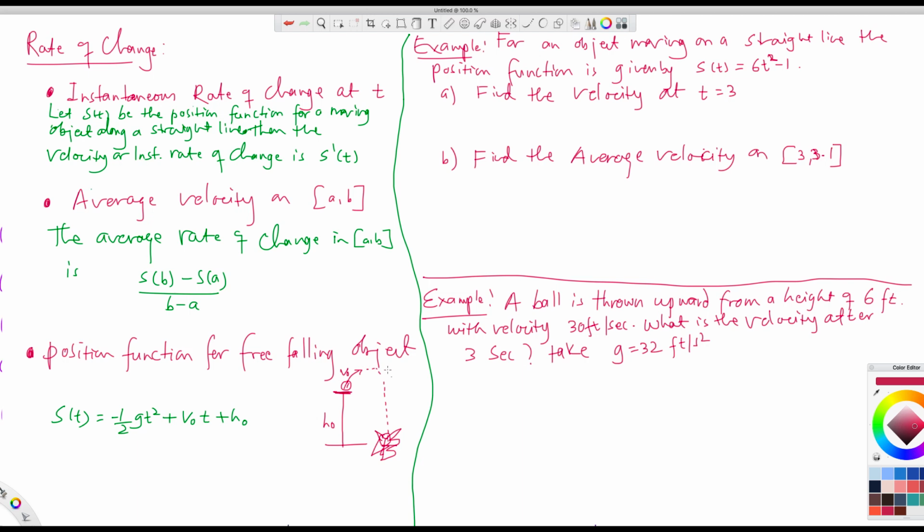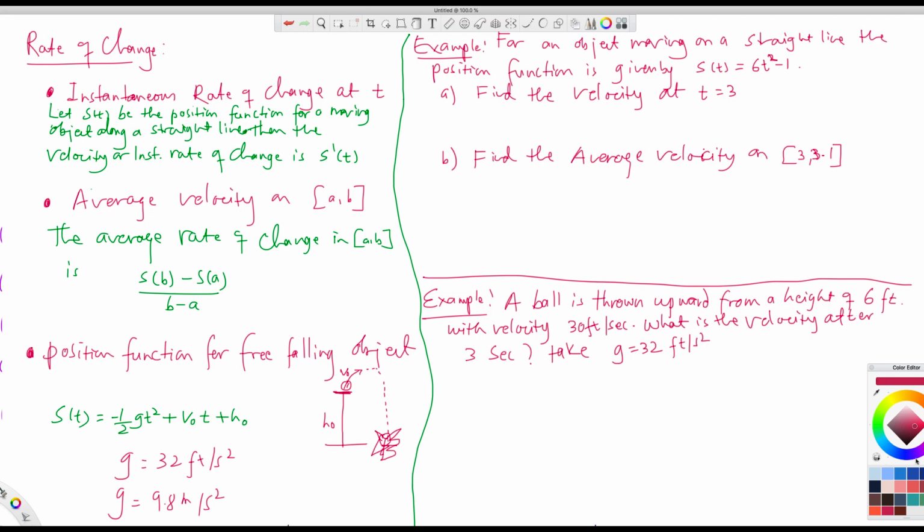So that phenomenon we can model by s(t), the position function, equals -1/2 g t squared plus v0 times t plus h0. h0 is the initial height, v0 is the initial velocity, and g is the acceleration due to gravity. That is, the value of g is 32 feet per second squared, or g is 9.8 meters per second squared. These are the values we use in the different measurement systems, okay?